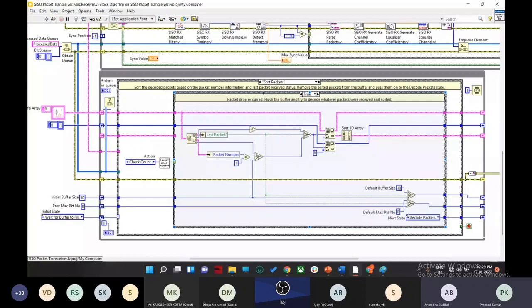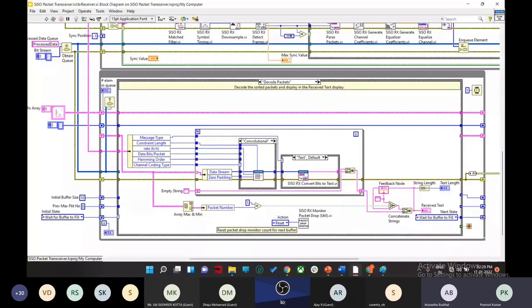Here normal channel decoding happens, and after that we do the bits to text conversion, where the data will keep on decoding according to the process data.